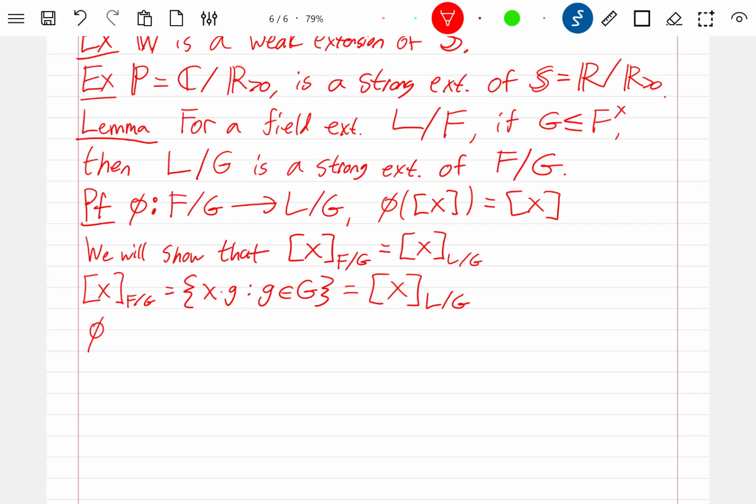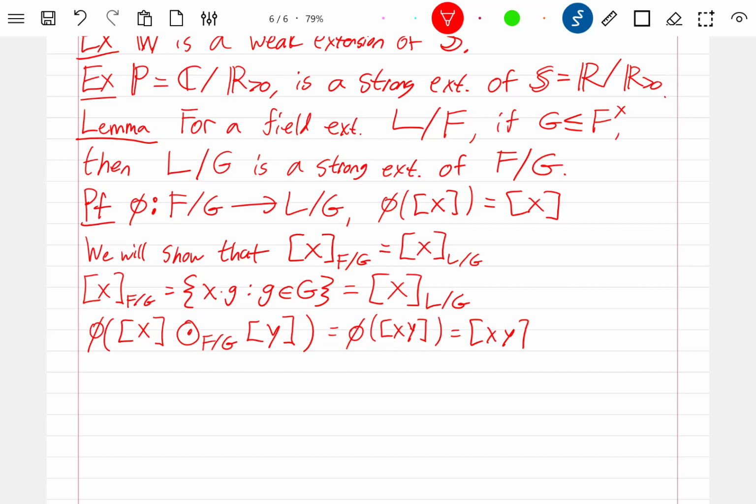So if I take phi and I apply this to x times y in F mod G, well, on the one hand, this is phi of x times y, because the multiplication in F mod G is just you multiply them. And by how our phi is defined, this is just going to be the equivalence class of xy.